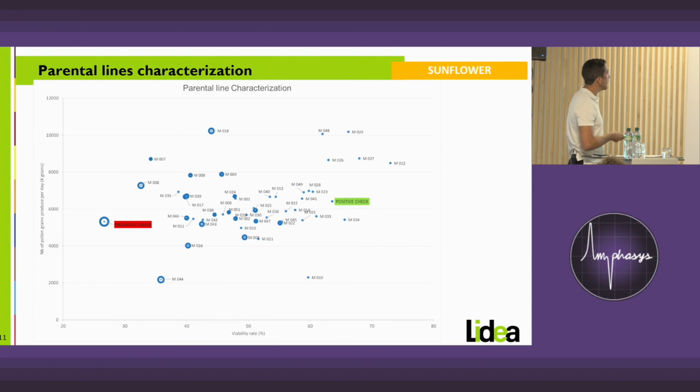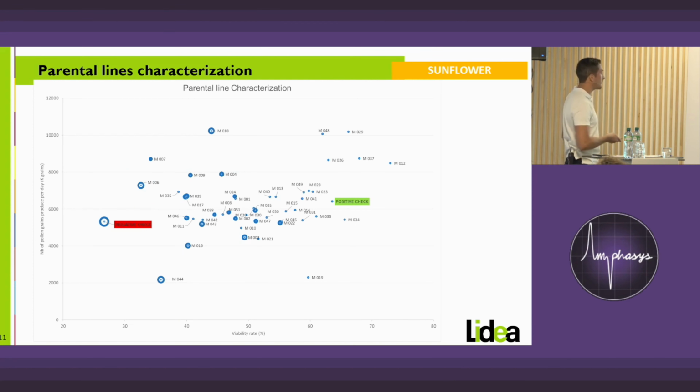So this is the final scatter plot, the final result, showing in the y-axis the quantity, and in the x-axis the quality of the pollen. And all the panel is shown on this scatter plot. The size of the points is the quantity of aberrant cells, so we can detect the susceptible males.